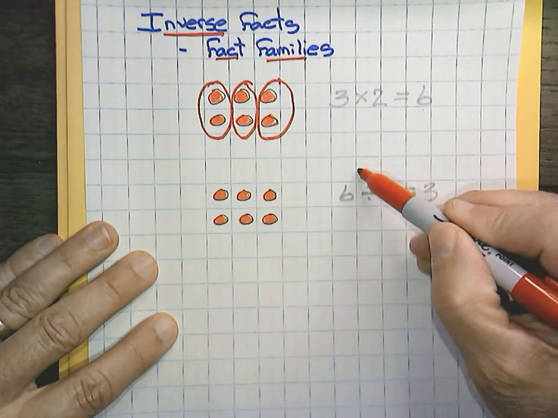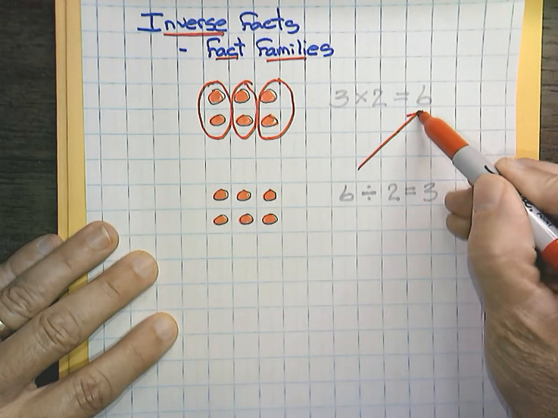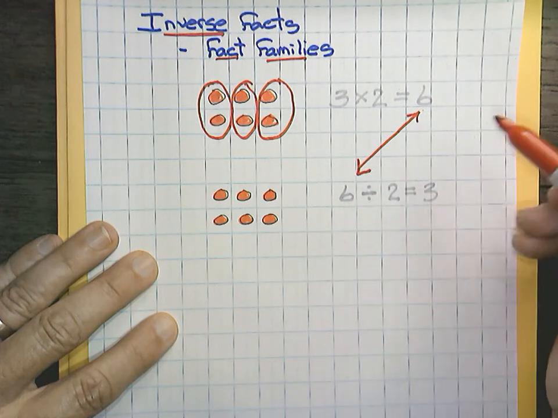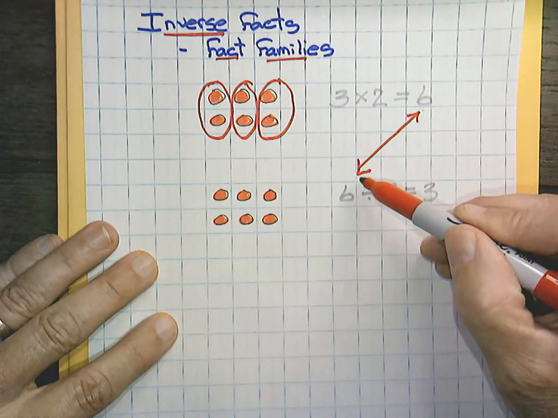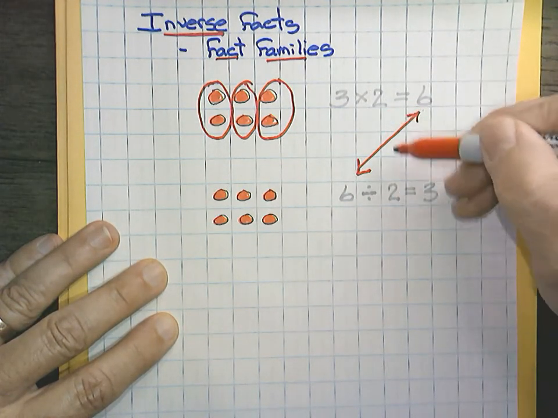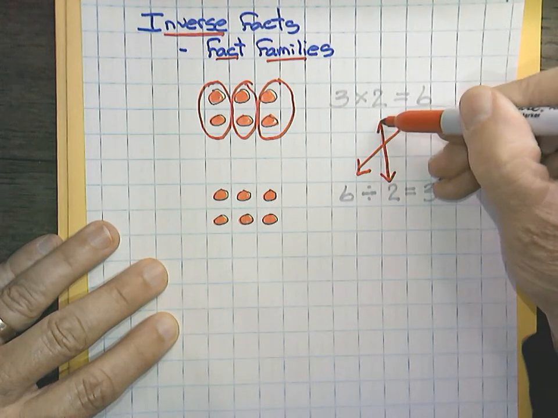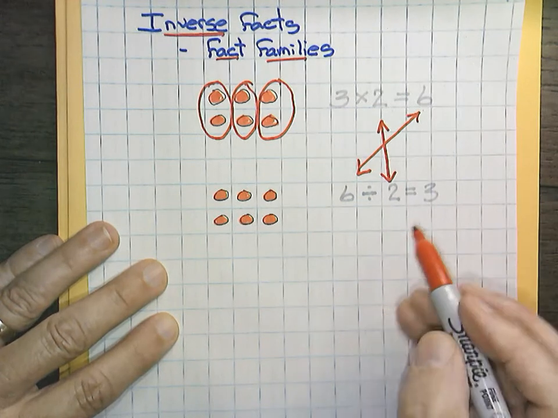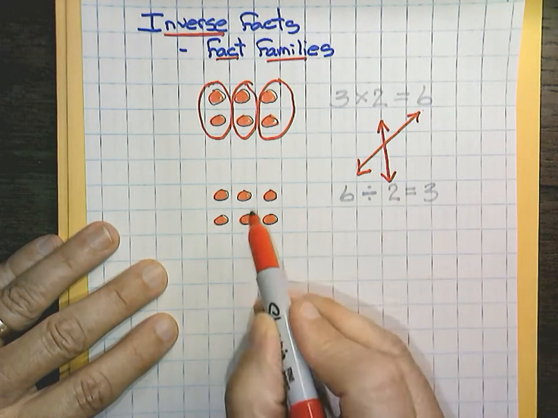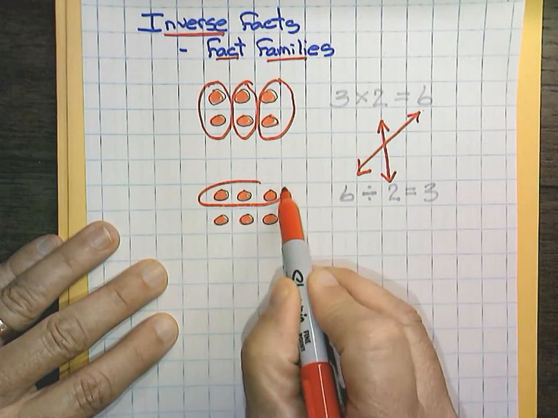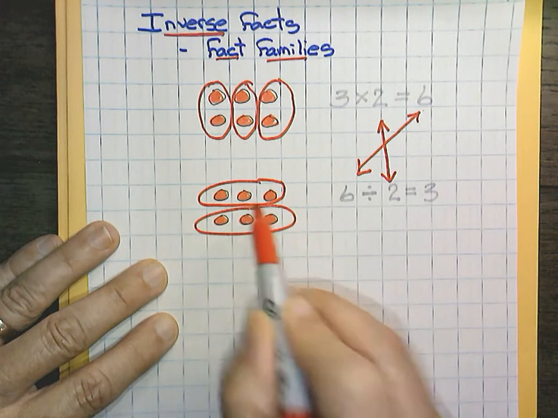Remember, we said that it's like a fact family, and you can see there's our 6. And then we said divide by 2. Well, if I were to divide 6 into 2 equal groups, there's one group, there would be 2.